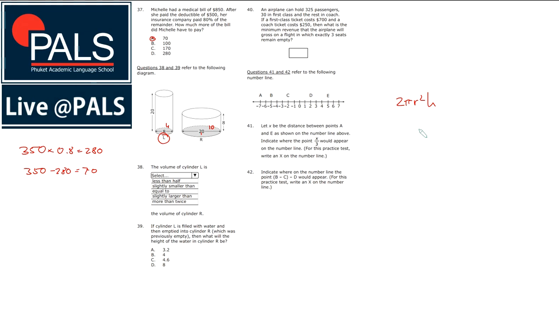So we can put that into the calculator. Okay, so for the first one, 2 pi. No, I made a mistake here. The area of a circle is not 2 pi r squared, it's just pi r squared. So that 2 is wrong here. So the volume is equal to that. We can substitute for the first one. Radius is 4, height is 20.